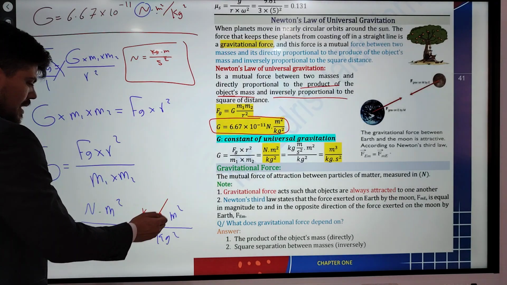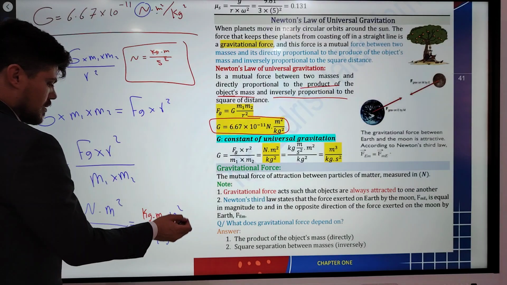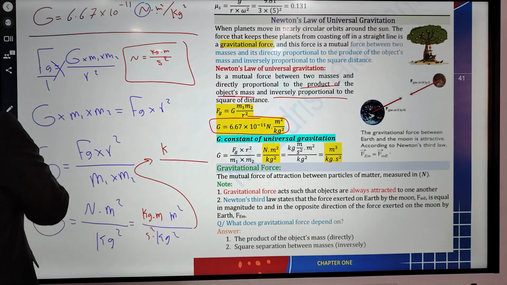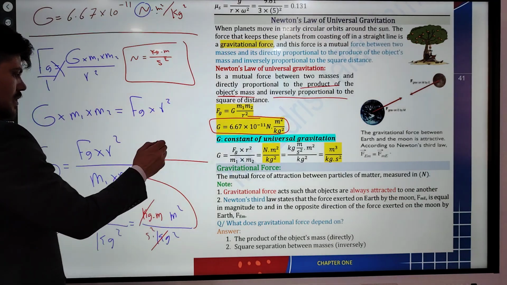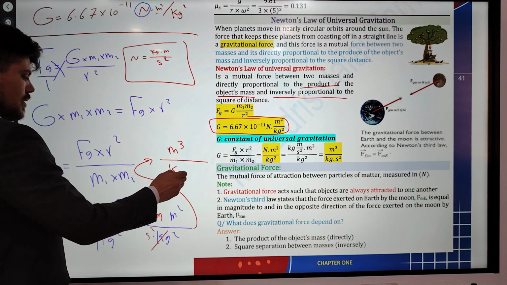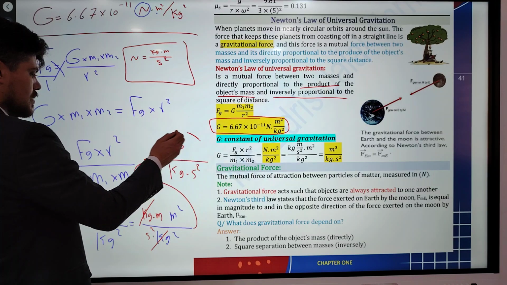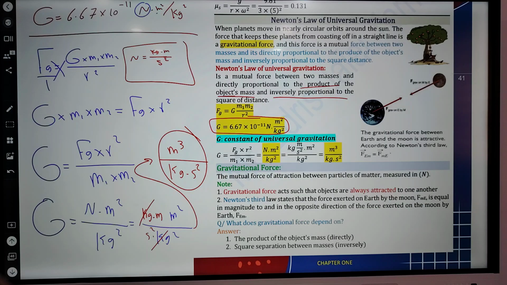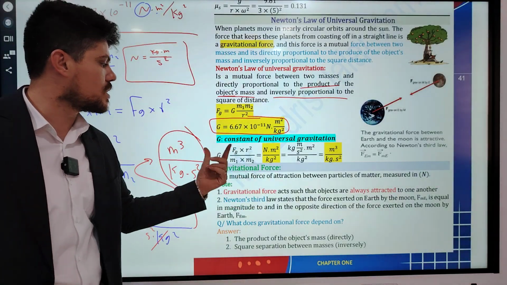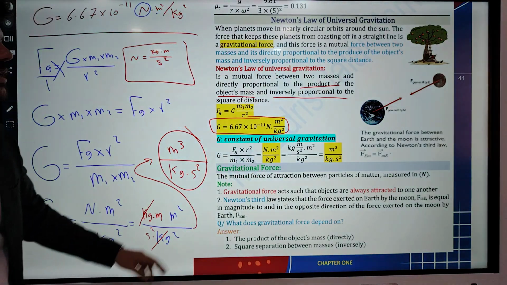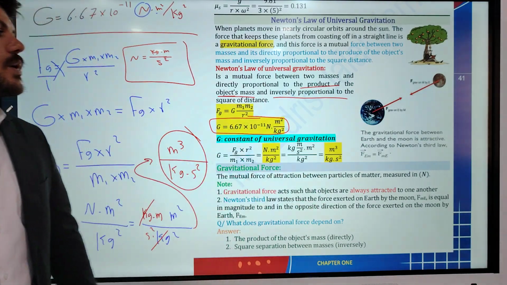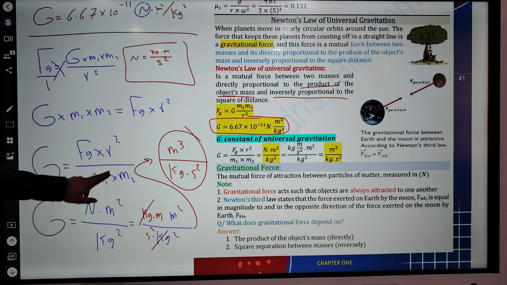We have meter squared here and kilogram squared here. Kilogram with kilogram cancel, meter times meter squared gives meter cubed, over kilogram second squared. If they bring it in the exam, which of the following can be the unit of the universal constant of gravitation? You have to say both Newton meter squared per kilogram squared and meter cubed per kilogram second squared.